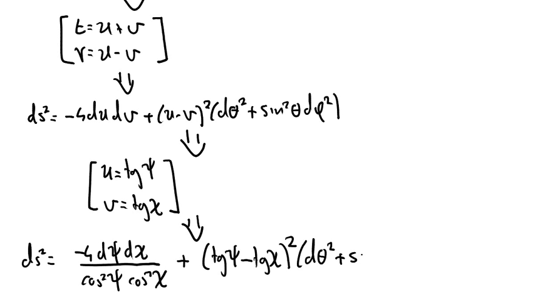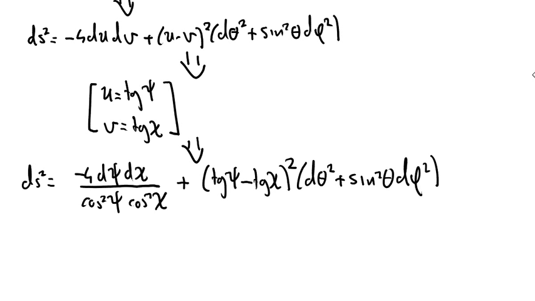Here, it's important to notice that we're doing our coordinate transformations only on the Lorentzian part of the metric. Okay. And now, well, psi and chi are still null coordinates. We don't have terms like d psi square or d chi square. So we are going to transform these psi and chi coordinates into coordinates which are not null. And we do this transformation.